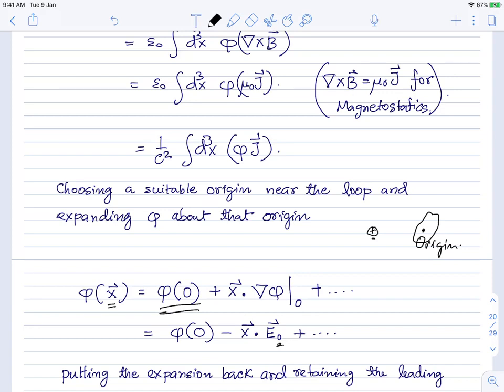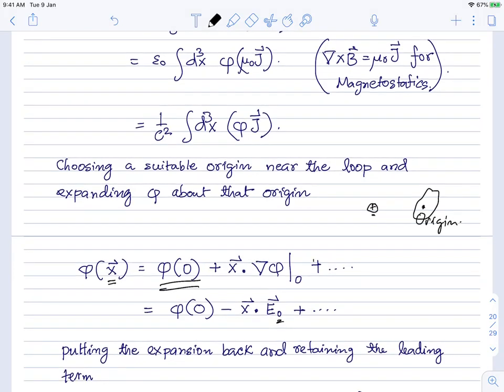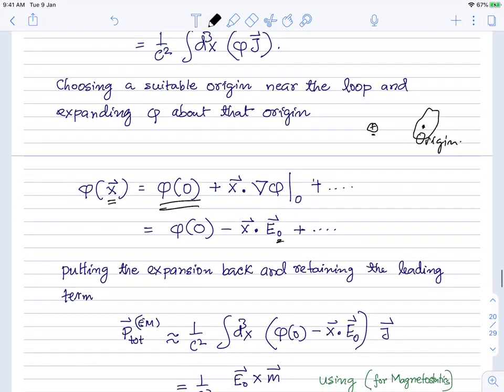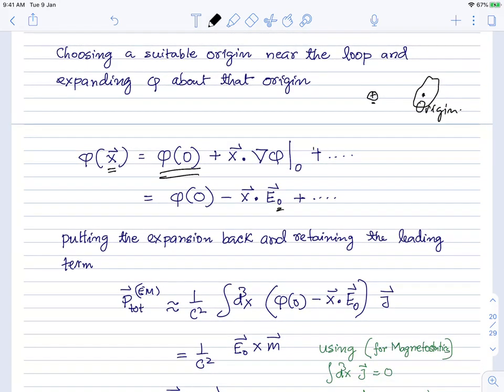Even if you consider a very large region for this volume which contains this configuration, the contribution becomes negligible, because the electric and magnetic fields fall off very rapidly as you move away from this configuration. That is the reason why this approximation is justified. Now with this approximation, we are just trying to see that this is non-zero.